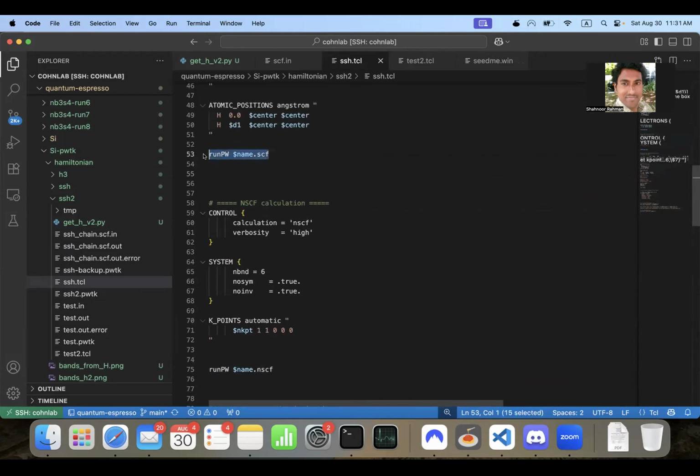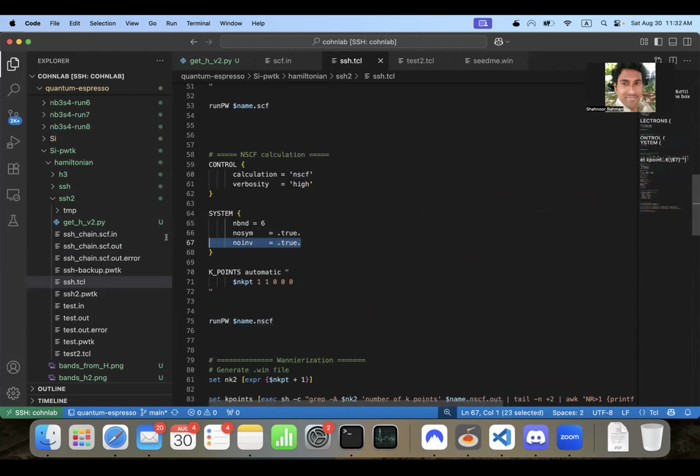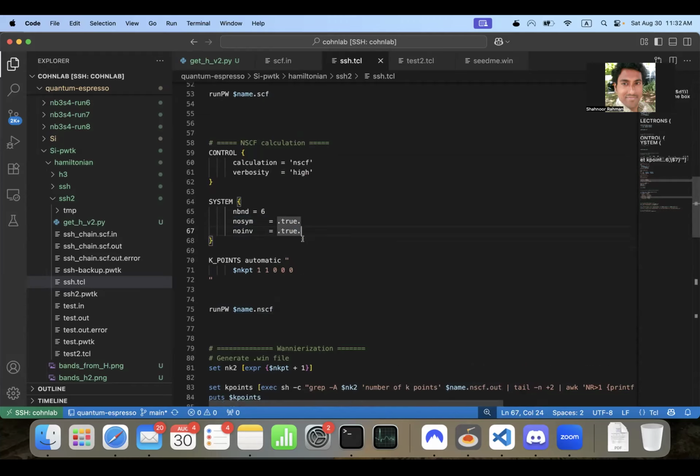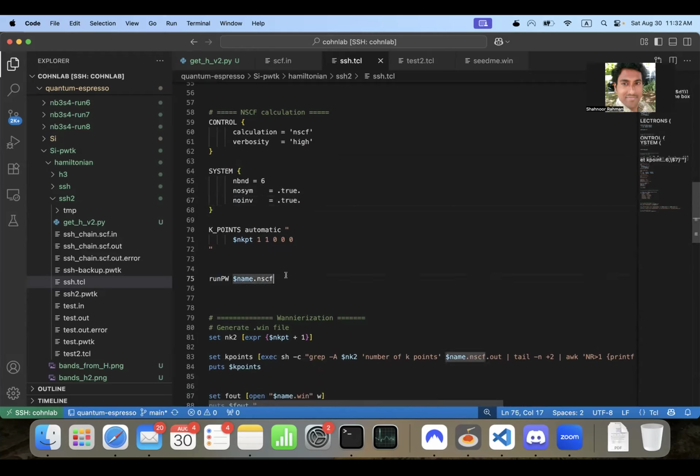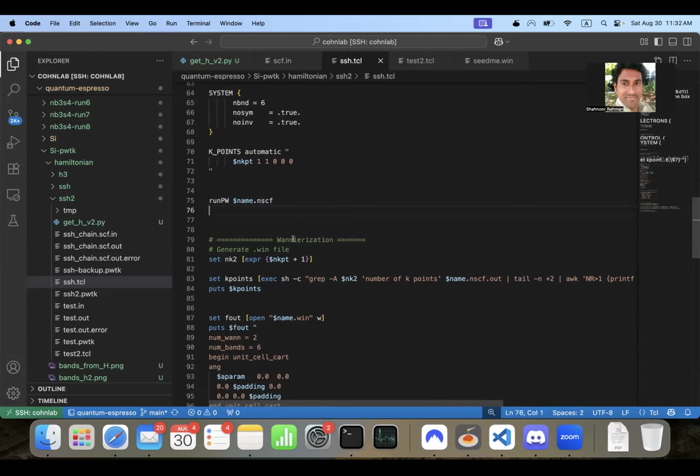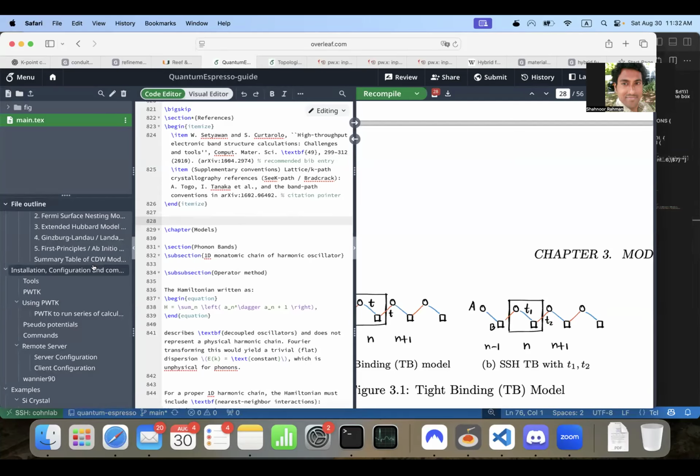First SCF, then we modify the name list for NSCF computation, calculation NSCF, and these two, no symmetry and no inversion, are important so that we have all the K points, okay? Then we're going to run the NSCF computation, and then something called Wannierization.